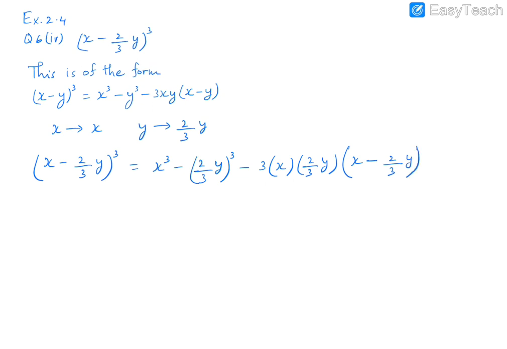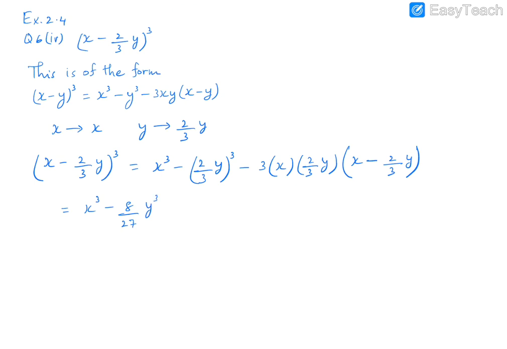Okay, so we will now expand this and get our final answer. So that will be x cubed minus 2 by 3y the whole cube. So 2 cube is 8, and 3 cube is 27, so 3 into 3 into 3 is 27, and y power 3 is y power 3.